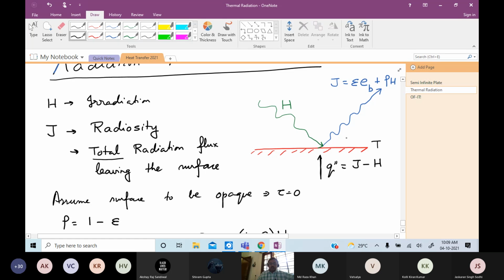So what is the total radiation flux leaving the surface? That includes its own emissive power plus the fraction of the irradiation that it reflects: epsilon EB, the overall emissive power, plus rho times H.